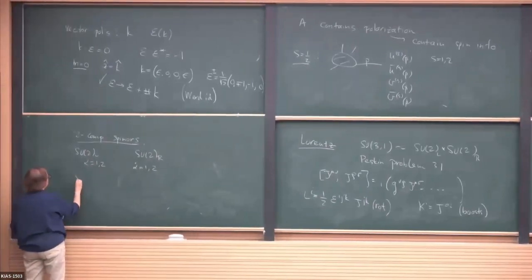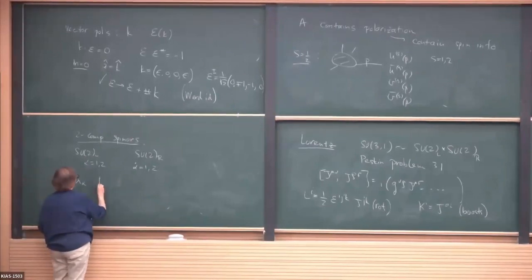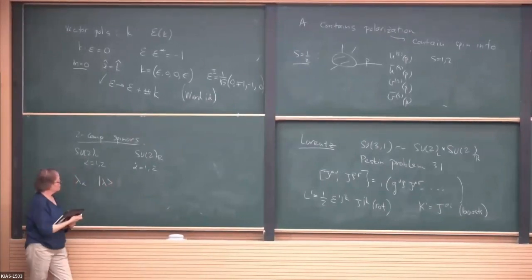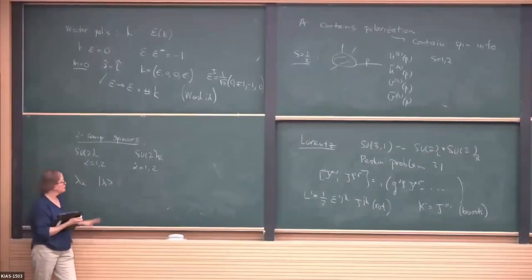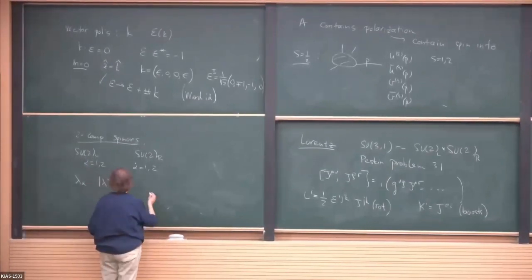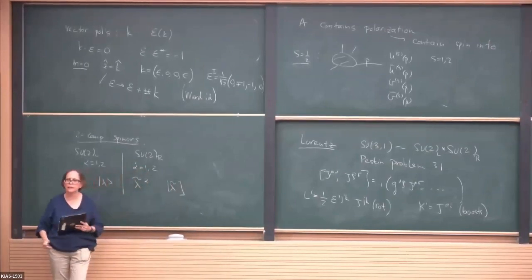And then the spinors we're going to denote by either lambda alpha or a ket like this. These are two redundant notations. We can use either this or that, but people use both of them, so we introduce both of them. And similarly here, we use lambda tilde alpha dot, or we sometimes denote it with a square bracket like this.